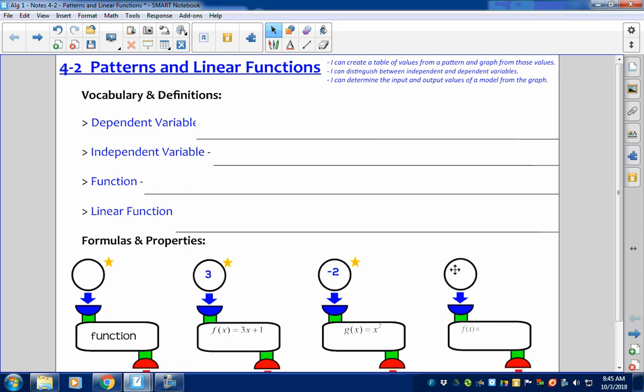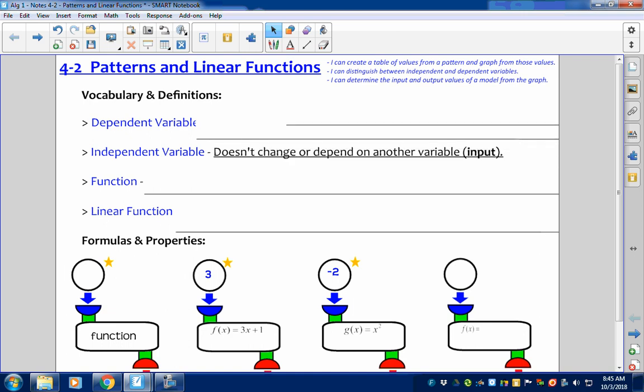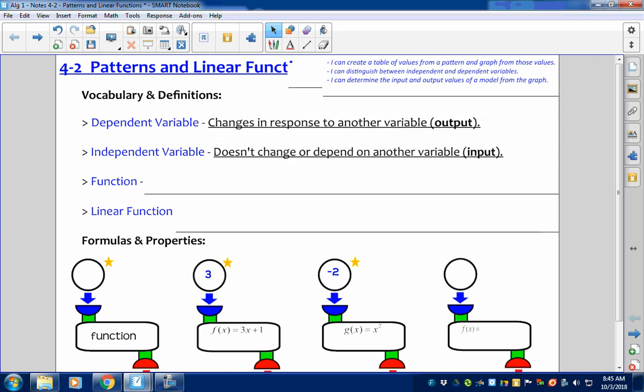So a few definitions here. First two are the dependent variable and the independent variable. The dependent variable changes in response to another variable. It's known as the output. In Algebra 1, we often use x and y, and this would be the y.